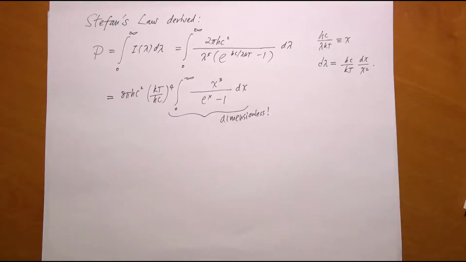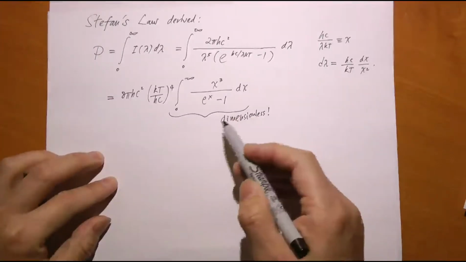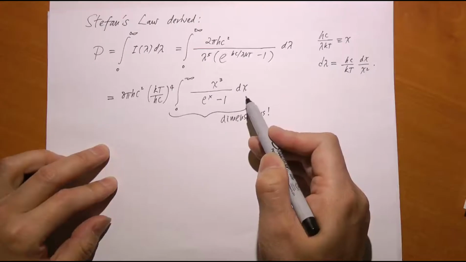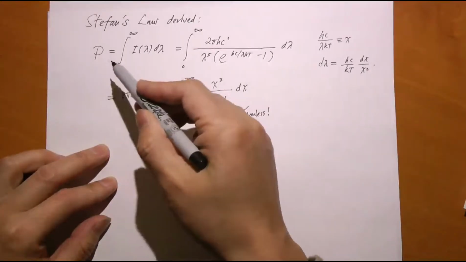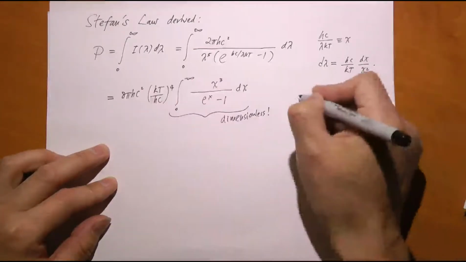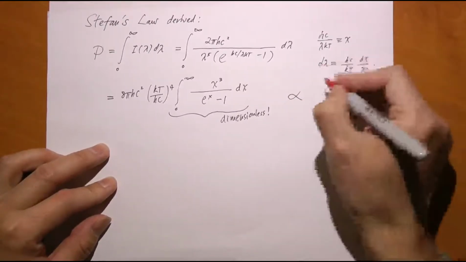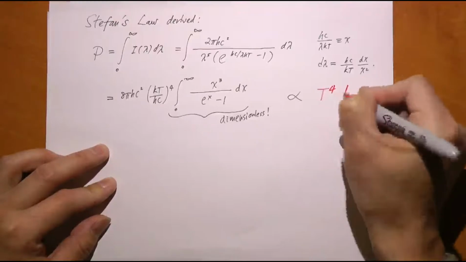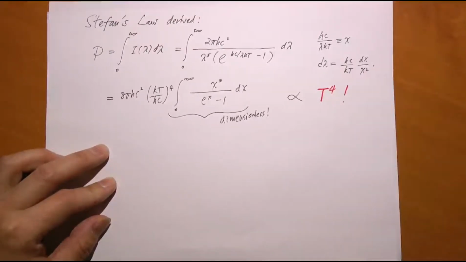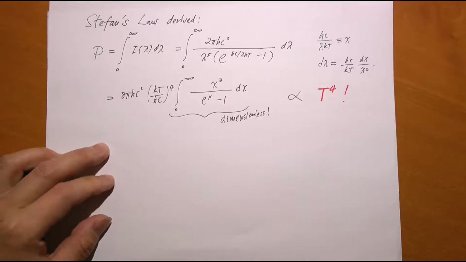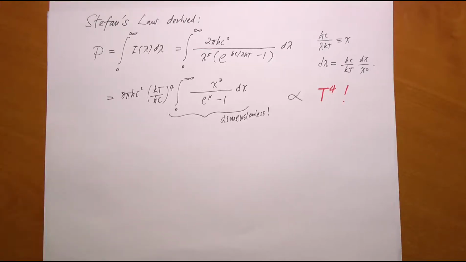What we learned is that whatever that number is, the way the power of radiation depends on temperature is T to the power 4. This is the most prominent feature of the Stefan-Boltzmann law, because it says the total power radiation is proportional to T to the power 4.